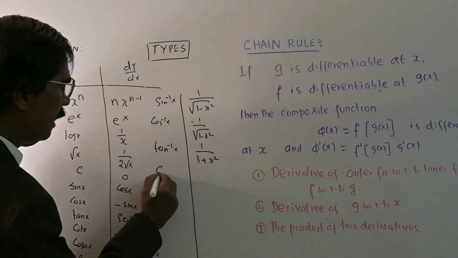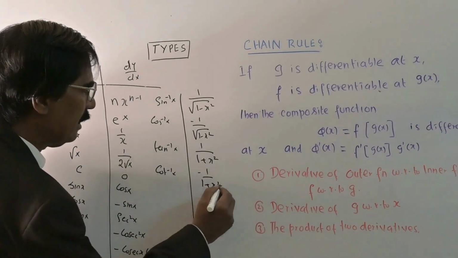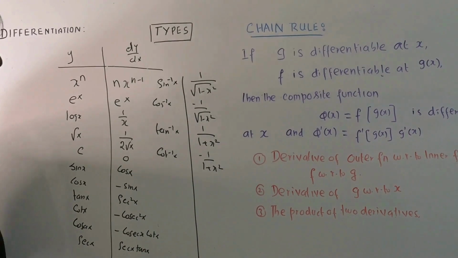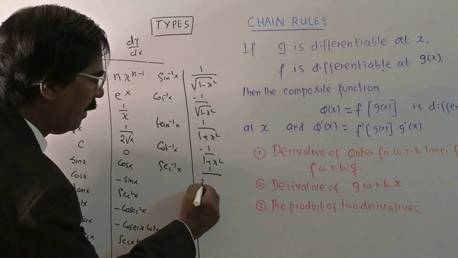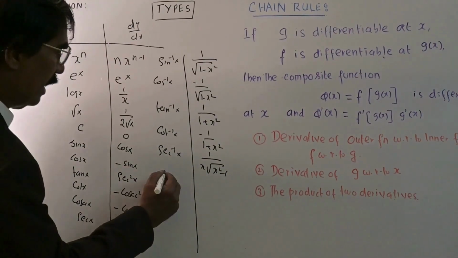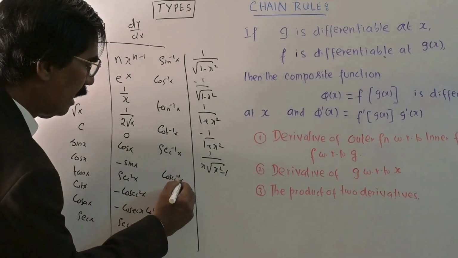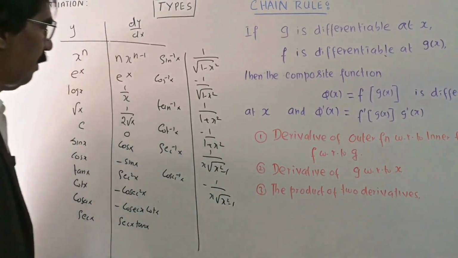When you differentiate cot inverse x, it is minus 1 by 1 plus x square. When you differentiate secant inverse x, 1 by x into root of x square minus 1. When you differentiate cosecant inverse x, minus 1 by x into root of x square minus 1.